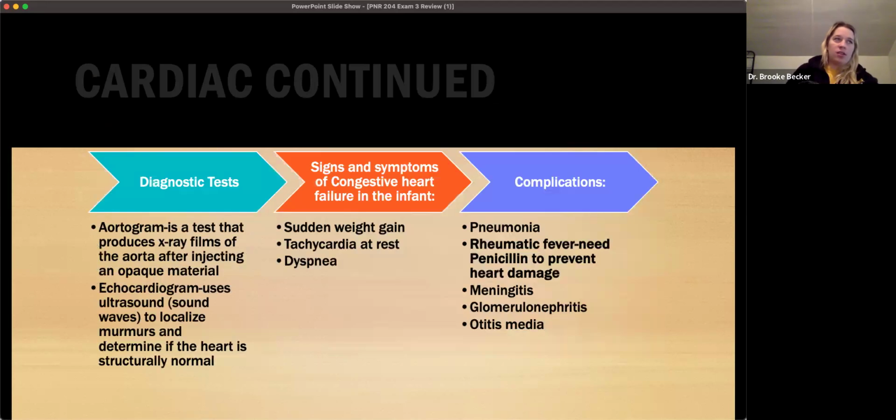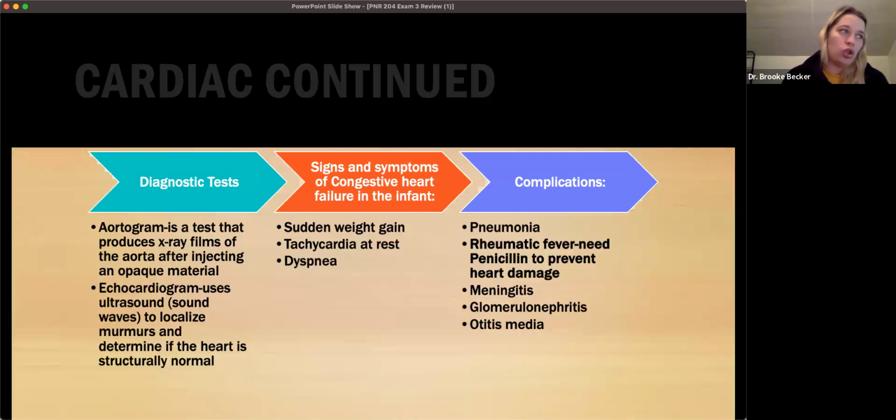Okay, cardiac continued. So diagnostic tests are arteriogram, so that's using x-rays and they inject an opaque material like contrast into the aorta to see how it's functioning. Echocardiogram is ultrasound.